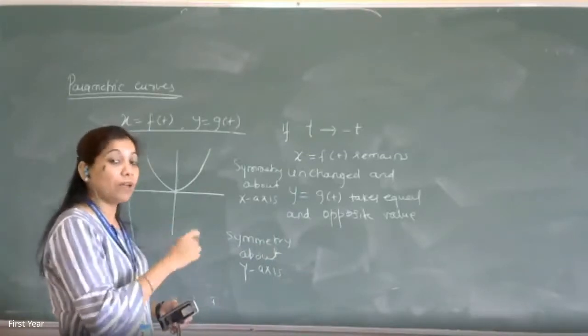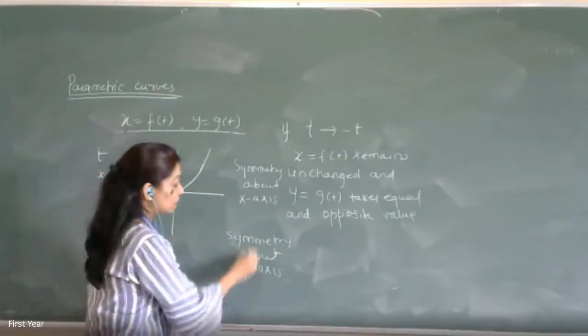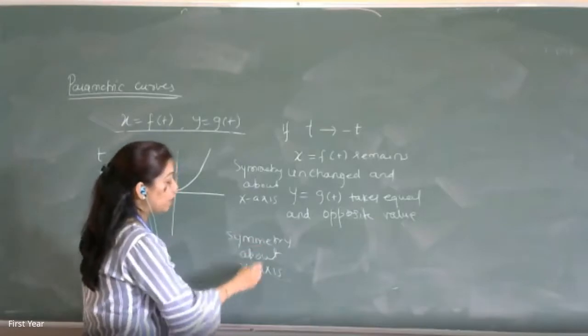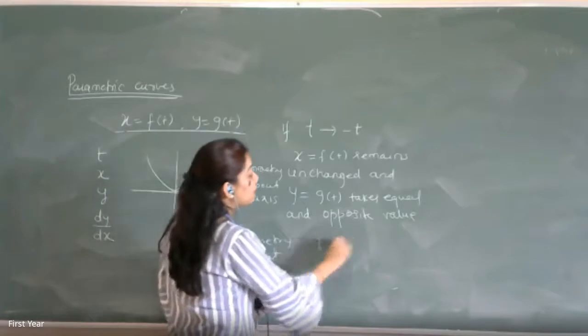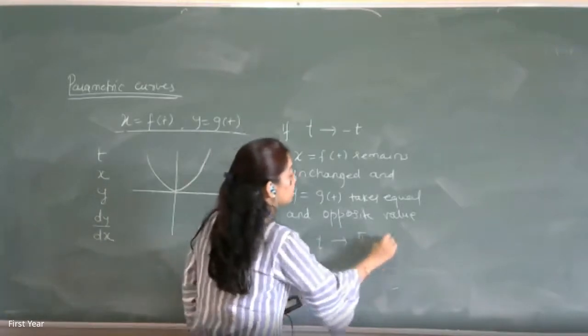That is direct application of that condition what we wrote. Just see now what we are changing, okay? One more way of identifying whether the curve is symmetric about y-axis is to replace t by pi minus t.